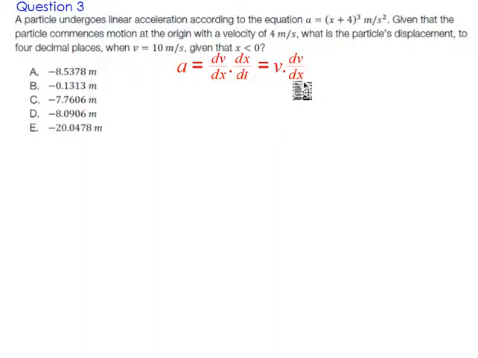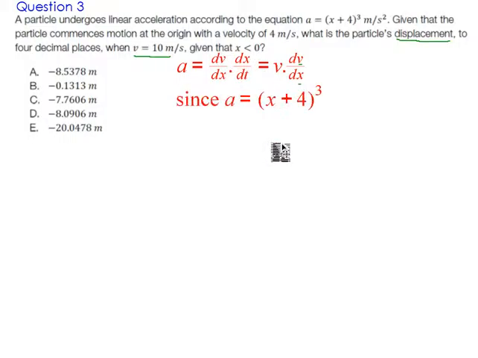Now, this is useful here because the rest of the problem speaks only about displacement, which is your x, and mentions velocity, which is your v. So there's no t variable there, and that means we don't need a derivative with a t variable in it.